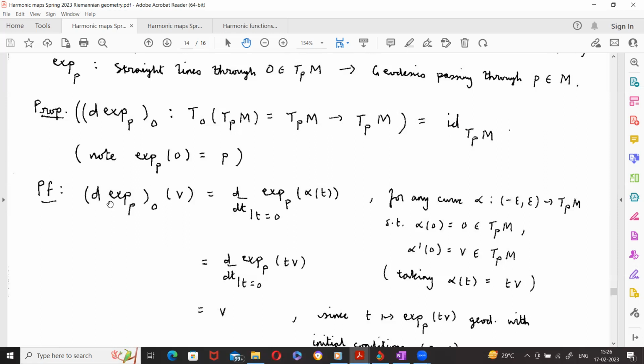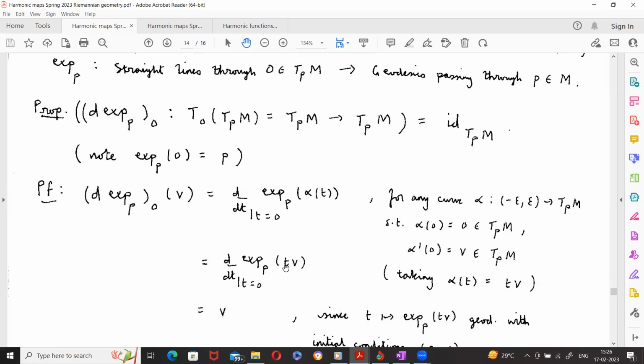Well, what is the derivative of the exponential map at the origin applied to a vector v? Well, by the chain rule, what you can do is take any curve passing through the origin in the tangent space, whose velocity vector at time 0 is equal to v. So just take the straight line tv. And then by the chain rule, the derivative of the exponential acting on v will be d/dt at t equal to 0 of xp of tv.